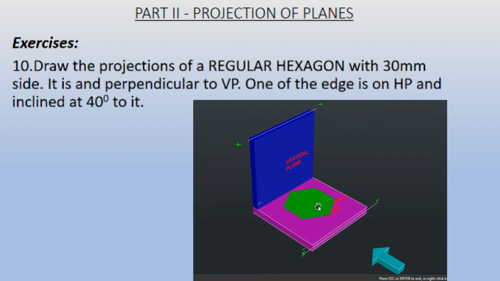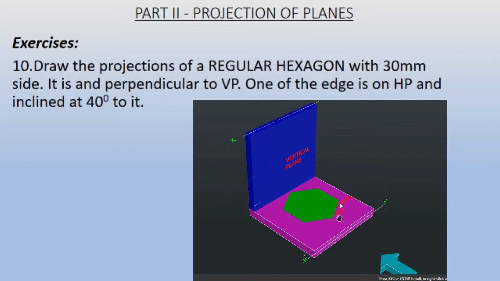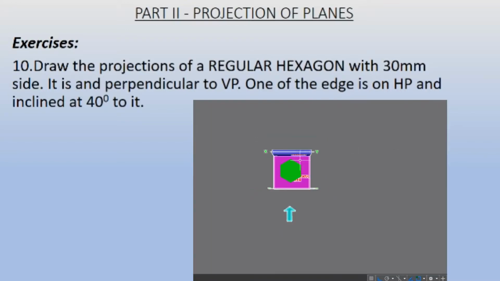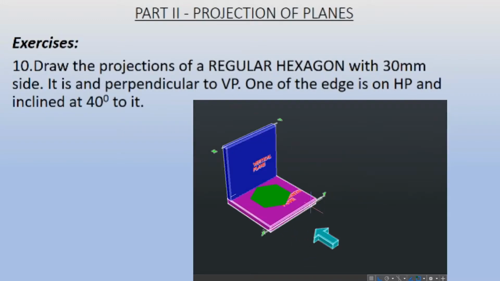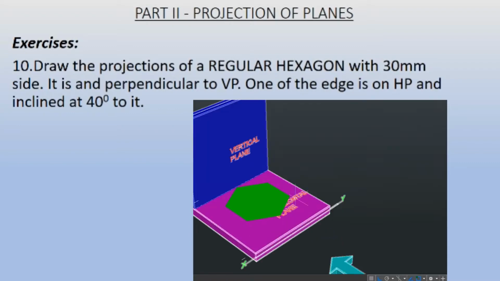Now as on your screen you see that this hexagon is resting directly on the horizontal plane. So when viewed from top, this will appear as a hexagon directly resting on the horizontal plane, but there is an angle of inclination which has been given.